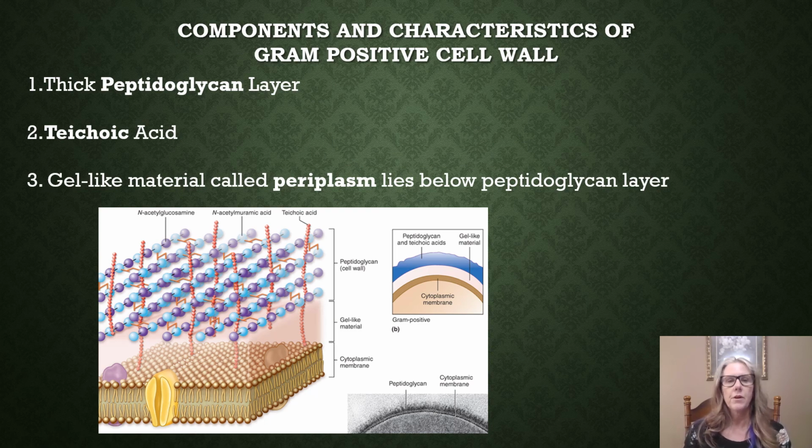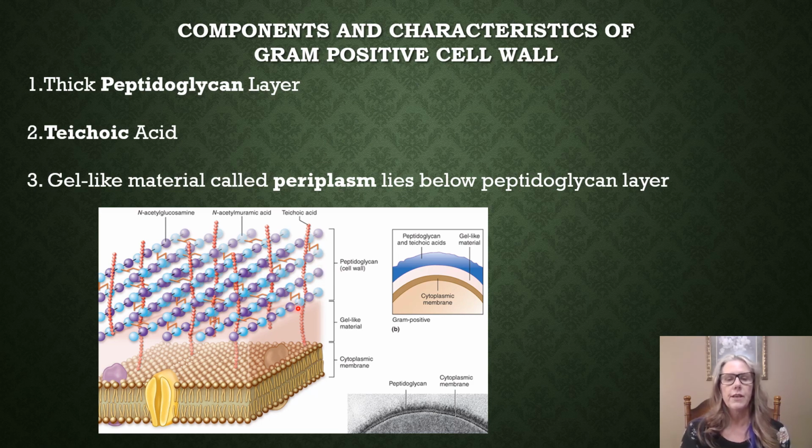All right, so now we're going to talk about the components and characteristics of the Gram-positive cell wall. So these are Gram positives. Now, one characteristic is that they have a thick peptidoglycan layer. Hopefully you can see my little laser pointer, and we're looking specifically at the picture on the left.